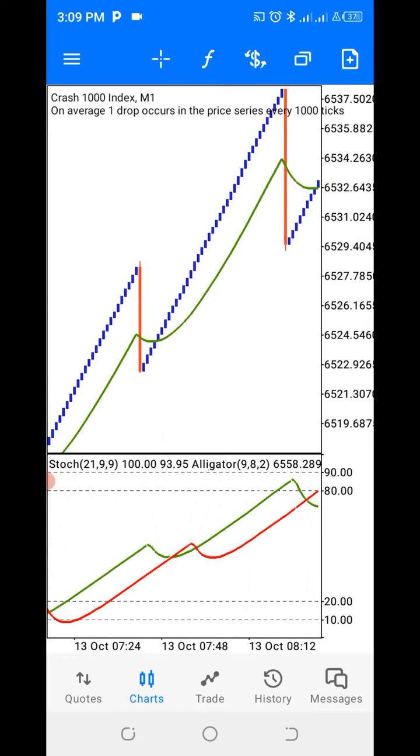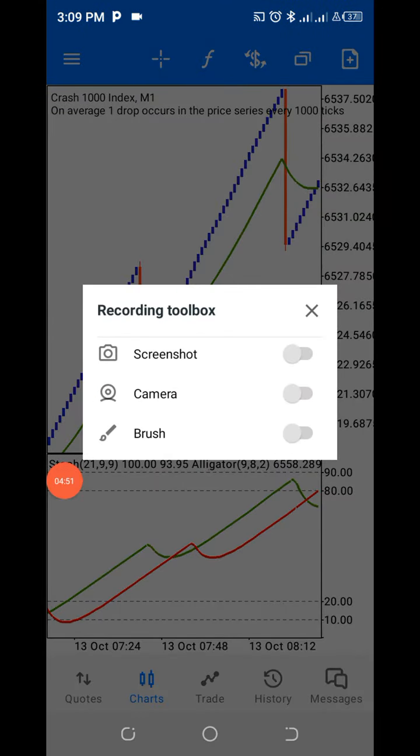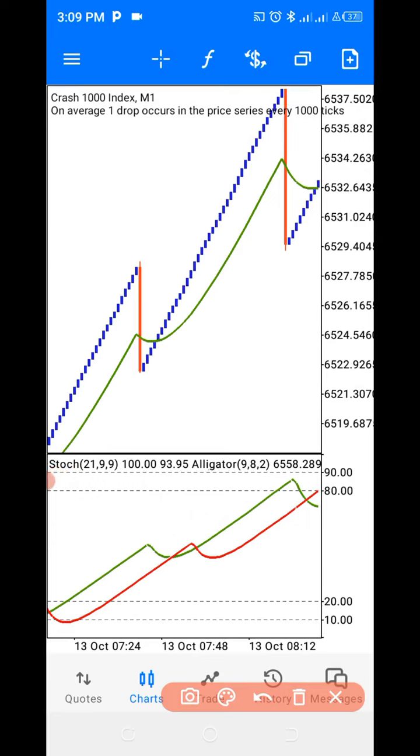So first and foremost, the strategy works perfectly on the 1 minute time frame, since it is a scalping strategy, and at the same time you can extend it to the 5 minute time frame, but it all boils down to you. Obviously, if you want to use the 5 minute time frame, then you are not taking 5 candles.